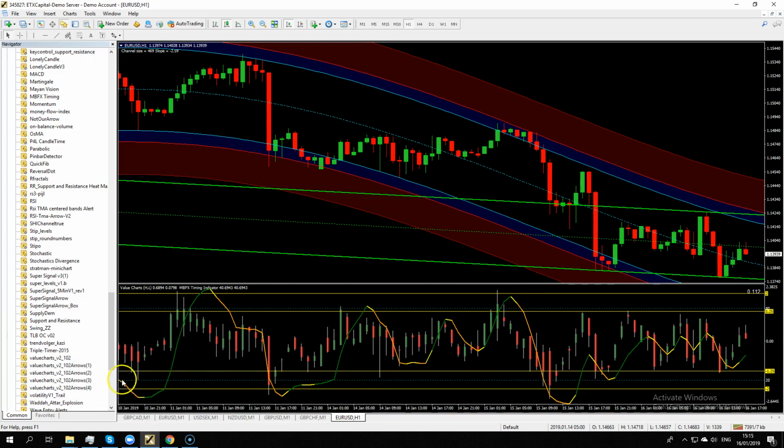Okay, so now you can see this is the MBFX line here. And basically what it's doing is, again, it's just tracking the value of price as it goes up and down. And it gives us an idea of whether the value of that price is overbought or oversold as time goes on.